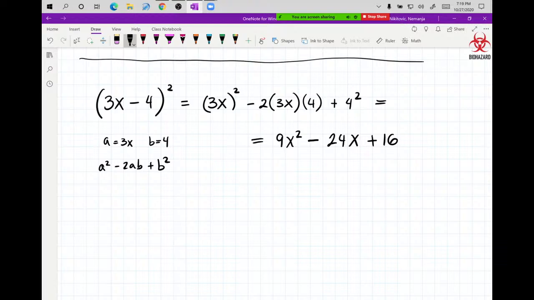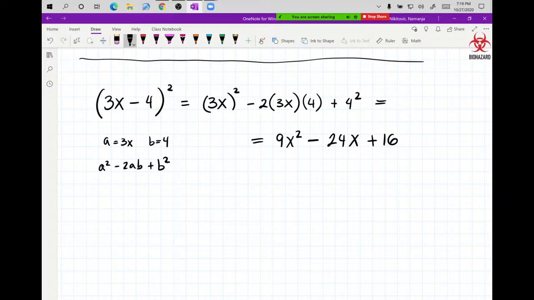If I was to multiply 3x minus 4 times 3x minus 4, I would get the same answer, except I would have to write everything out and then collect like terms and all of that stuff. Wait, where did you get the 24?